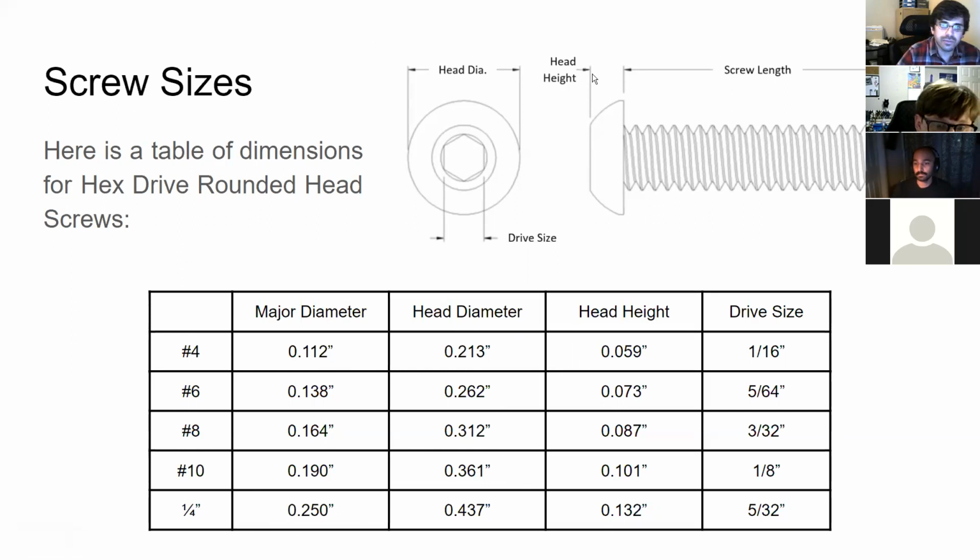The head height will always be listed when you're purchasing screws, and then how large of a hex key you will need to install and remove it. These are pretty standard. For the round head screws, these are the standards. Like I said earlier, if you have a socket head screw, the drive size will be different. The head diameter will be different. The head height will be different.